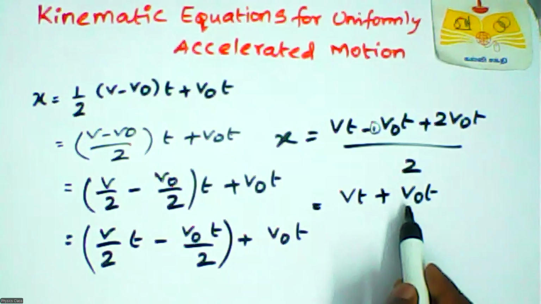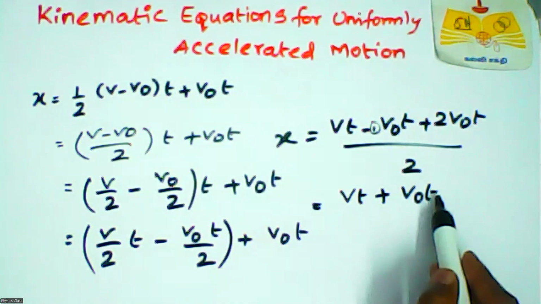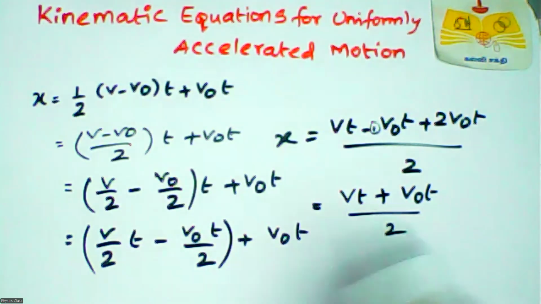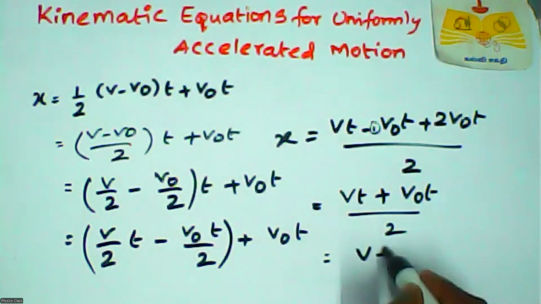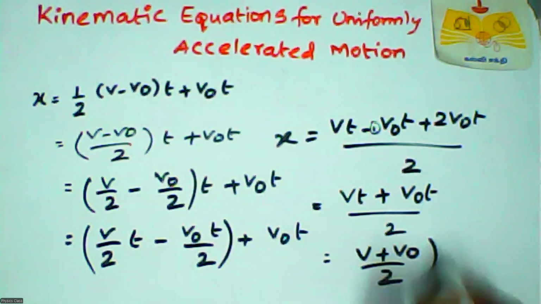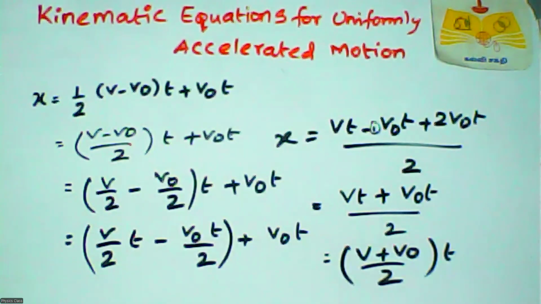So now putting 2 here. Now take the t term common. So (v plus v naught) by 2 into t. You know that v plus v naught by 2 gives average.